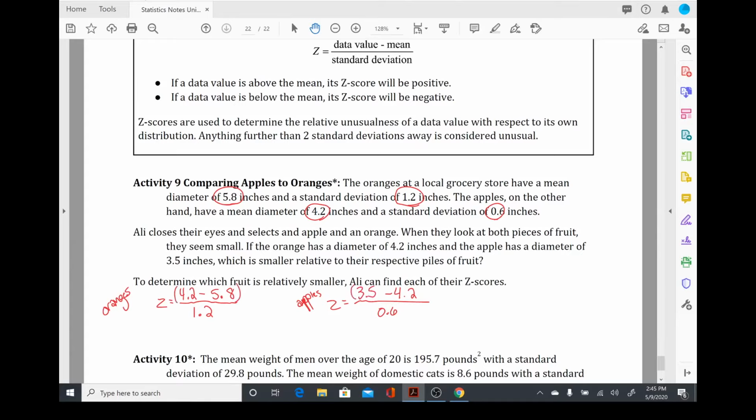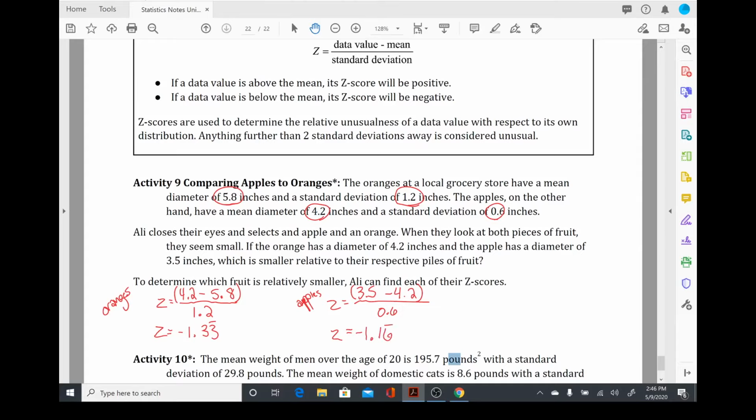Make sure if you're using technology that you wrap your numerator in parentheses. I'm seeing that my orange has a negative z-score, so it is small, meaning that it's below the mean, of about negative 1 1/3. And the apple, 3.5 minus 2.4 divided by 0.6, also had a negative z-score, so still small, negative 1.16 repeating.